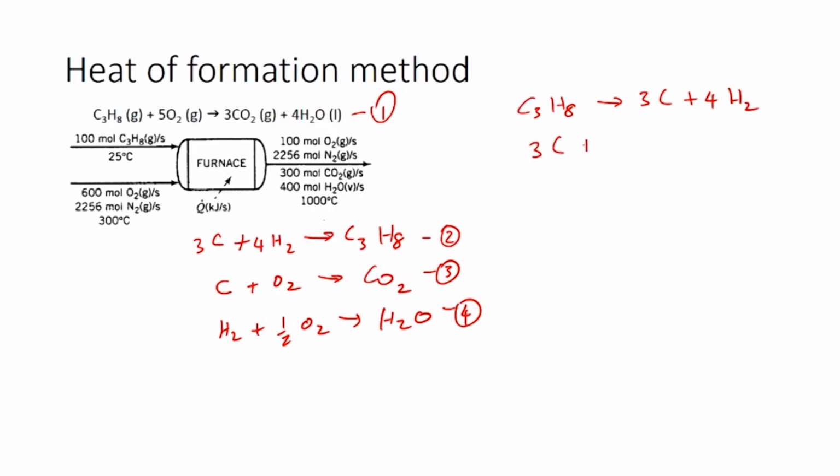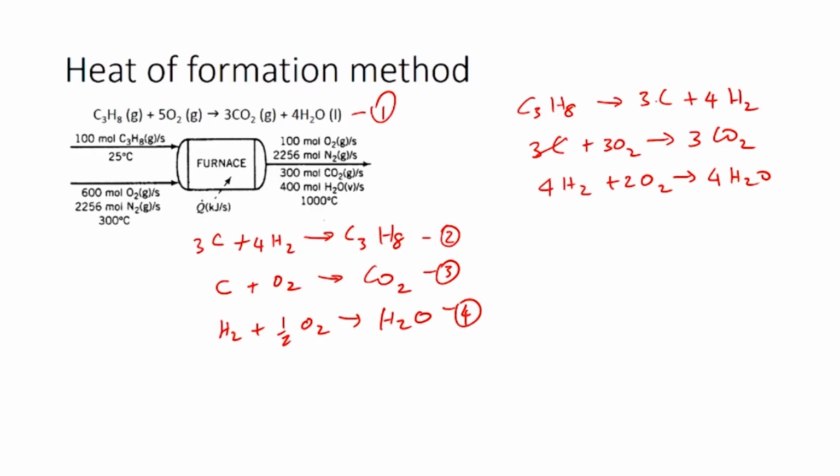So, you have 3C plus 3O2 gives 3CO2 and the fourth equation becomes 4H2 plus 2O2 gives 4H2O.